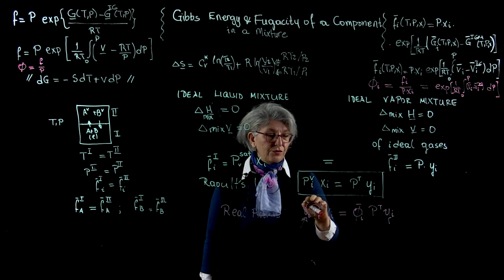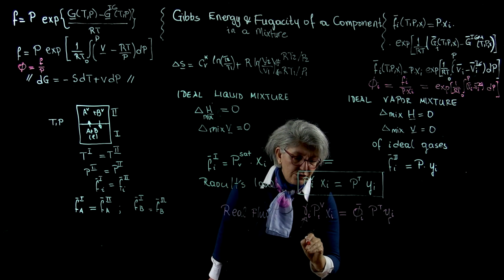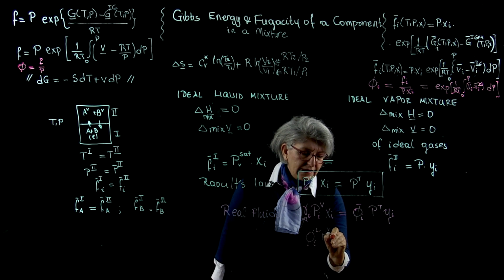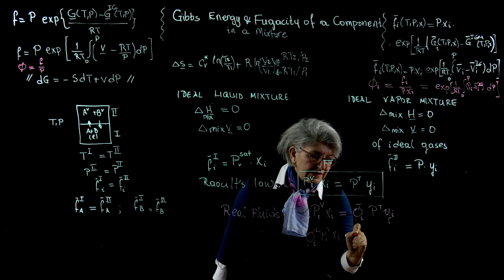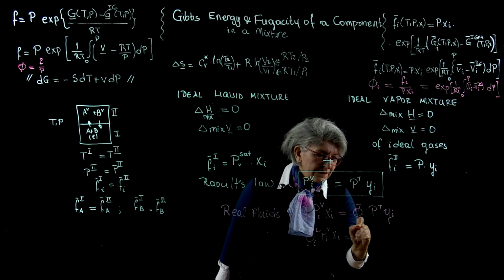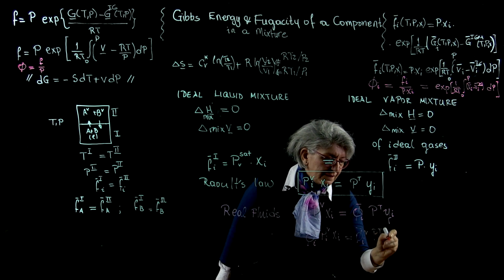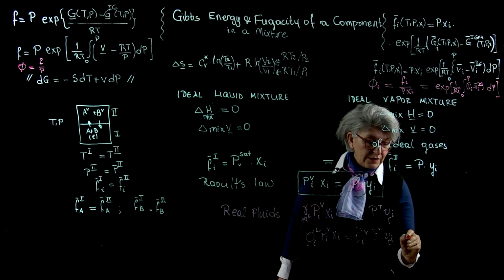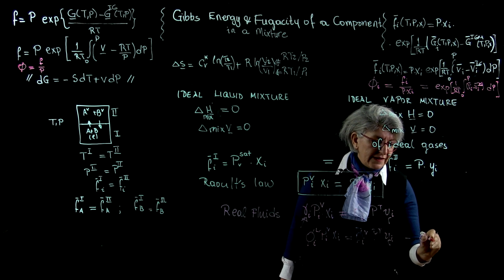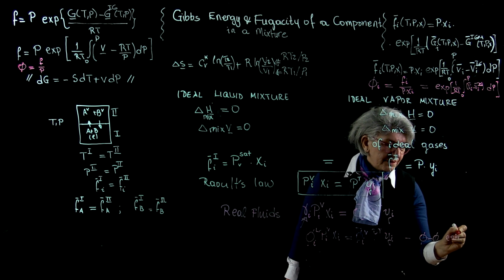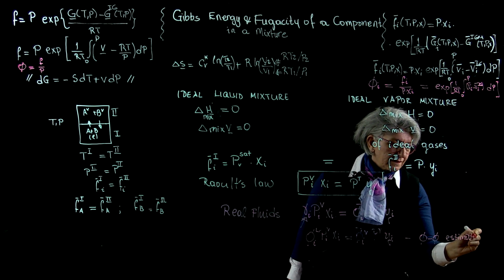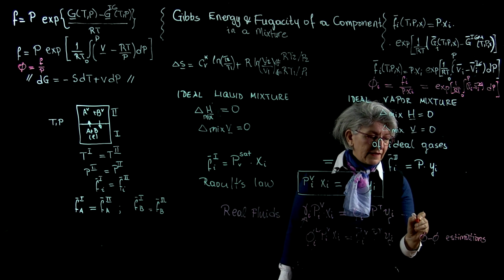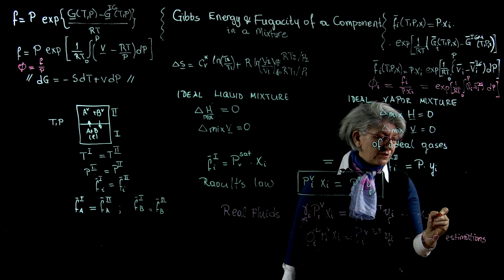Then we can use a fugacity coefficient for the liquid phase, P xi, and this is going to be called phi-phi estimations. And this is going to be called phi-gamma estimations.